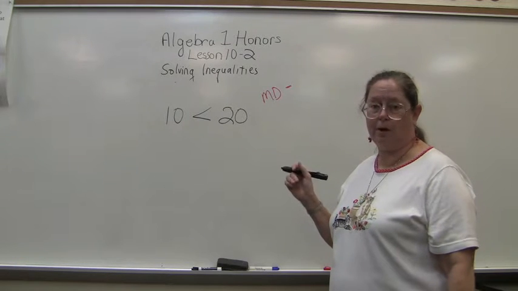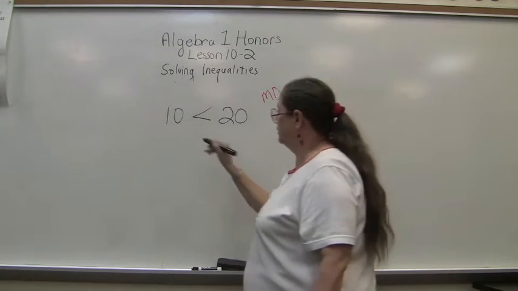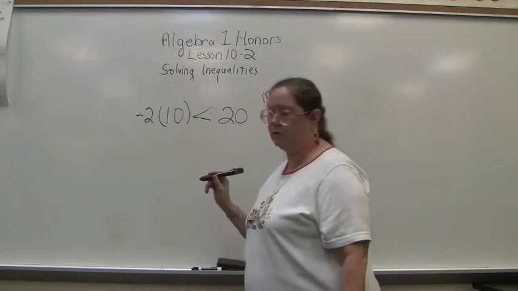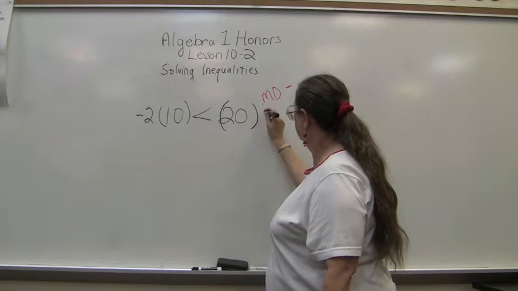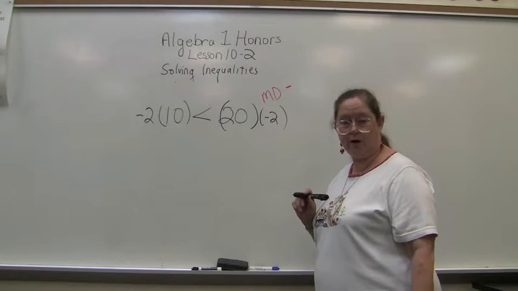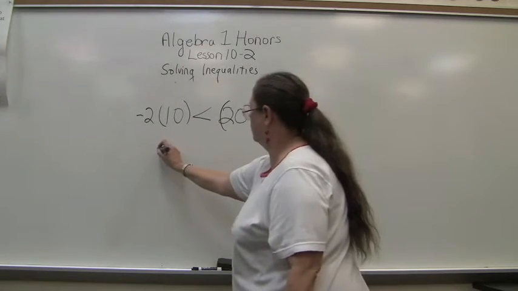Okay, let's multiply both sides by negative 2. So we're going to come over here and multiply by negative 2, and we're going to come over here and multiply by negative 2. Now watch what happens. Negative 2 times positive 10 is negative 20.